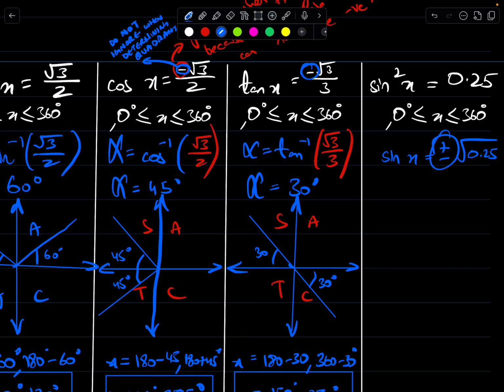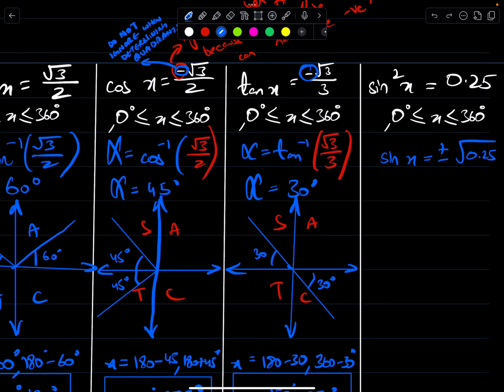A plus minus since we took the square root of both sides, and it can be positive or negative. Then the values of x will be found in all four quadrants since we have both plus and minus again. Then we start by finding the basic angle.